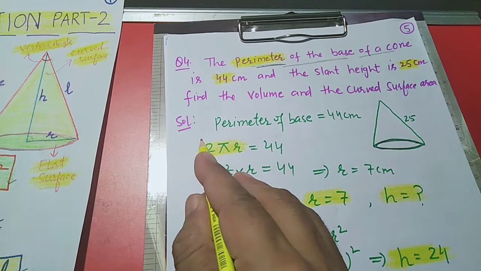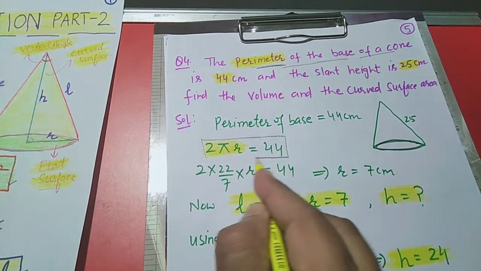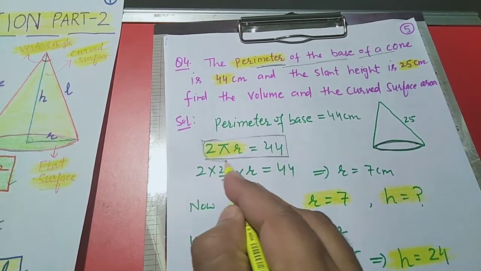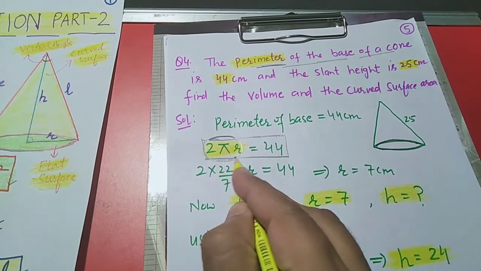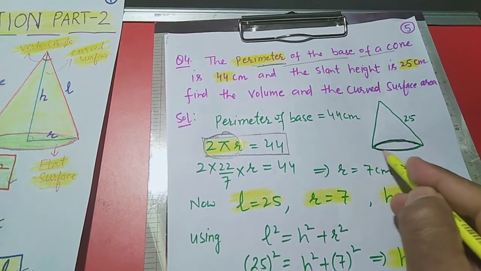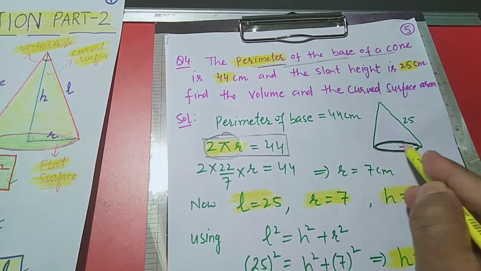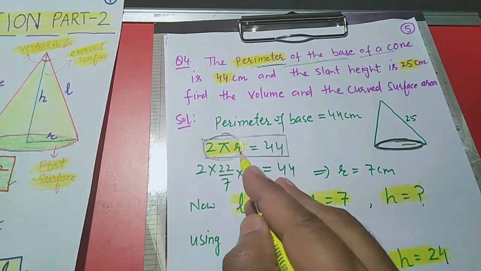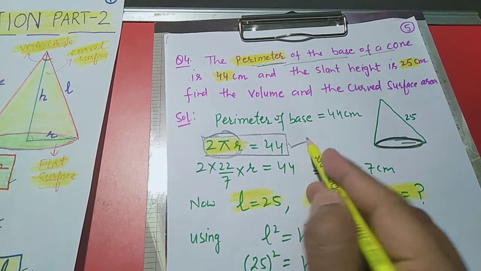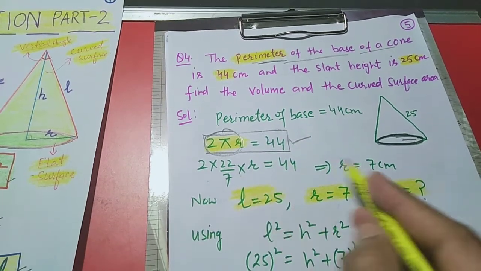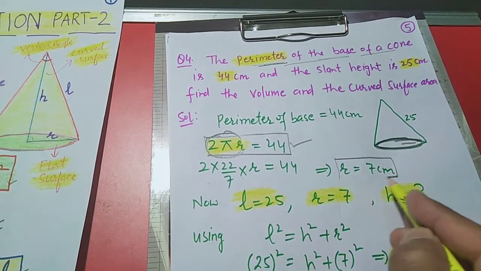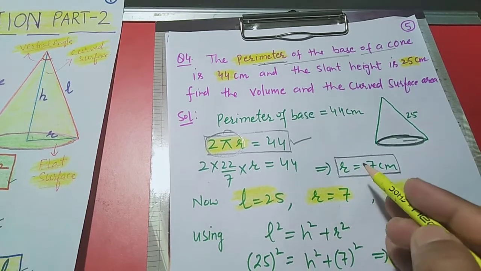So I wrote that 2 pi r is equal to 44, because if the radius is r, then the circumference of the circle is 2 pi r. With the help of calculation, I have got r is equal to 7 centimeter.